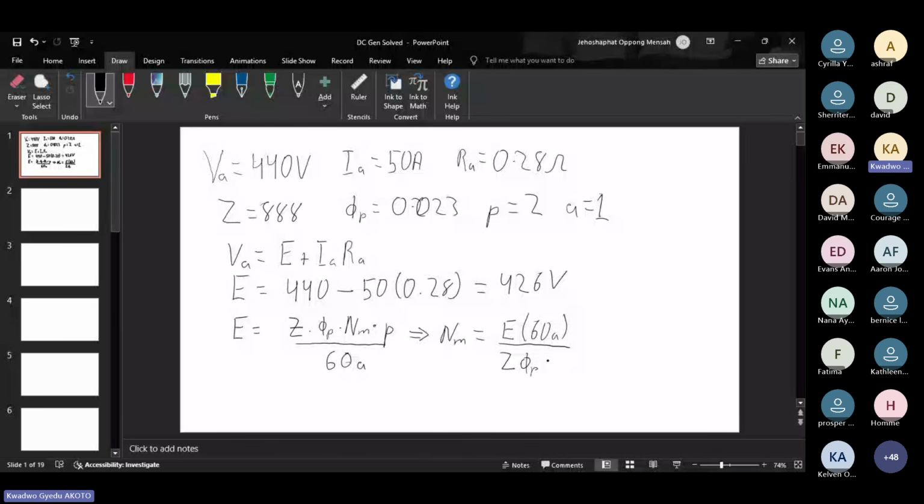So if we substitute everything that we already have, then we get our N_m, our speed, to be 626 RPM. Please, are we okay with this example?